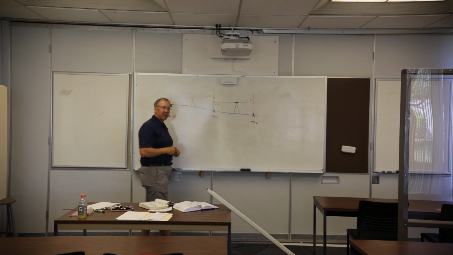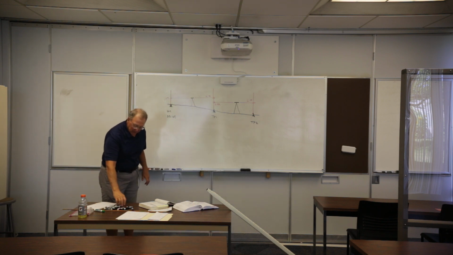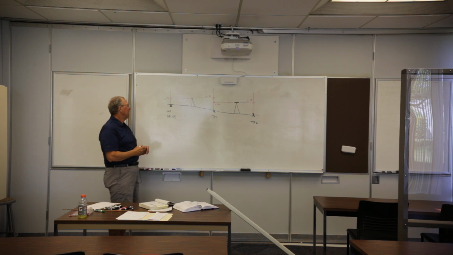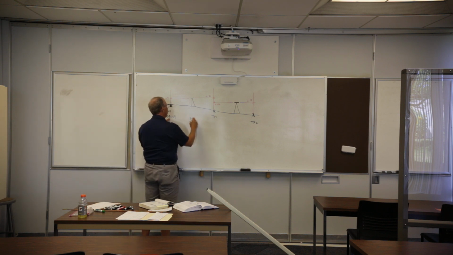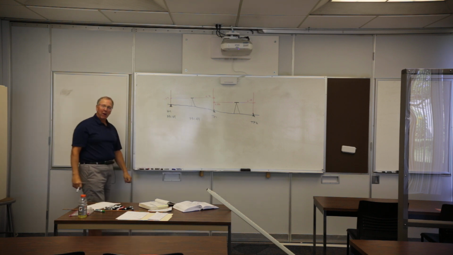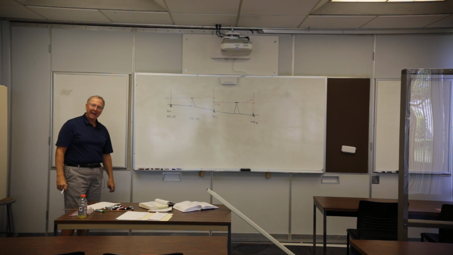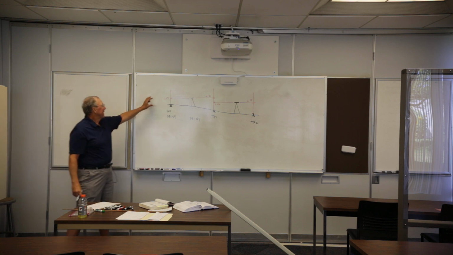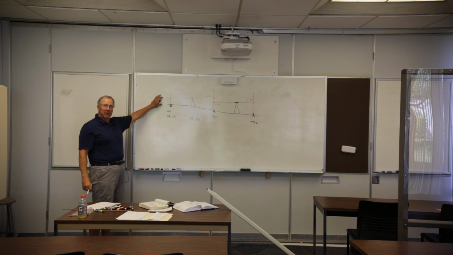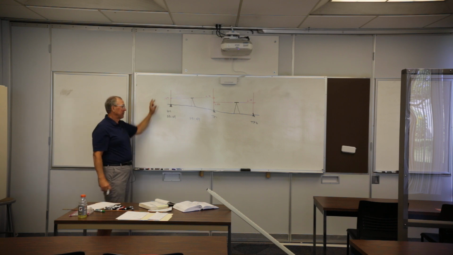Okay, let's see if this makes sense to you. This is a leapfrog. I start out with 531.49. How much do I add to that to get to where my eyes are, or the height of the instrument? Does it make sense I add 1.27 feet? Hopefully it does.